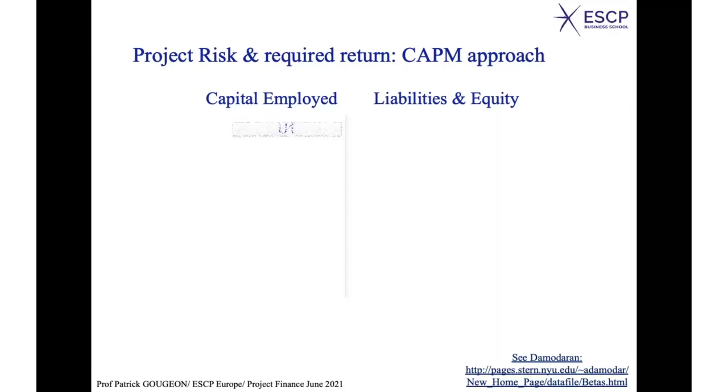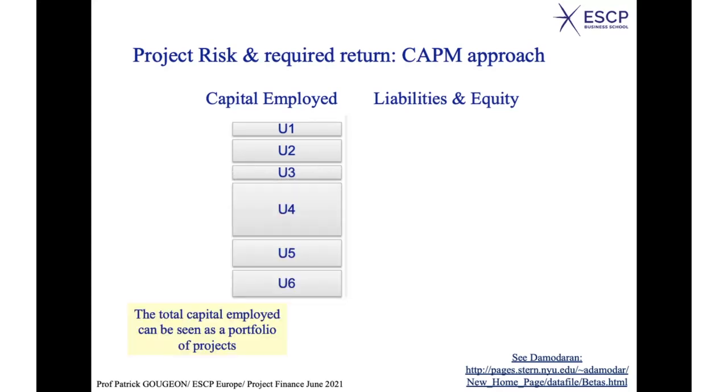So we can describe the balance sheet of one particular company like this, with the total capital employed on the asset side. Here we see that there are different business units, 6 business units in my example, each corresponding to a particular activity.